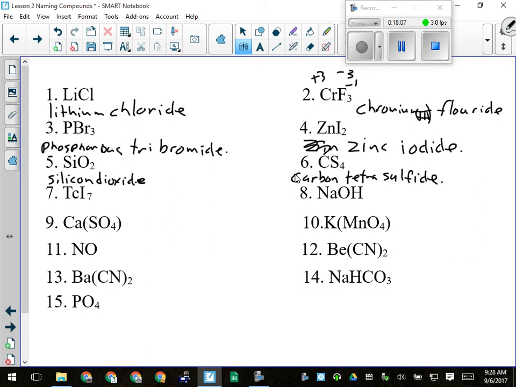Okay, so this is no prefixes, technetium iodide. All right, number 8, first one that has a polyatomic ion in it. All right, and we said we don't change what we do. We name the metal first, and then this is acting basically as a non-metal because it's second, okay? And we don't change the ending of a polyatomic ion. So this stuff is going to be sodium hydroxide.